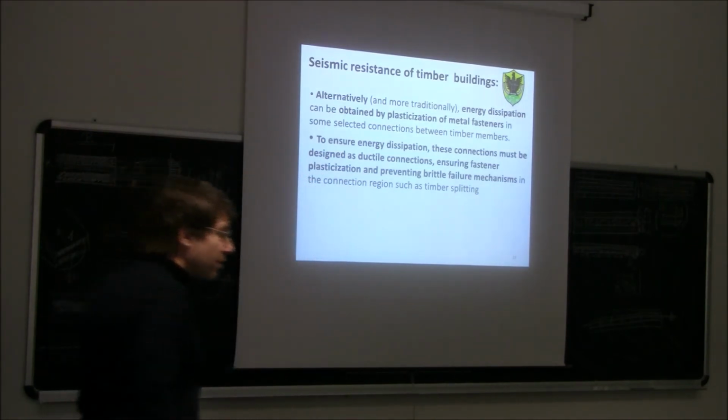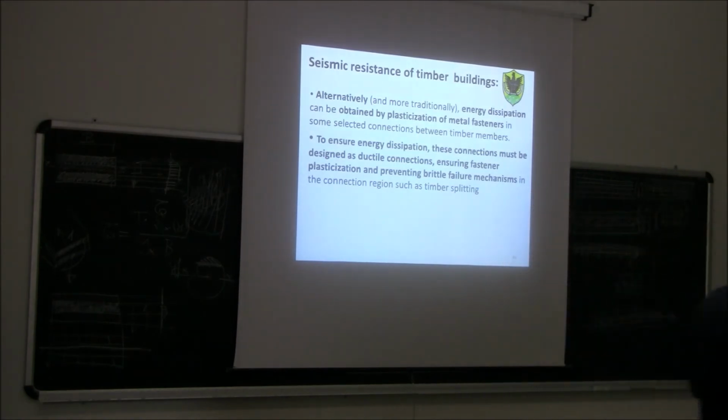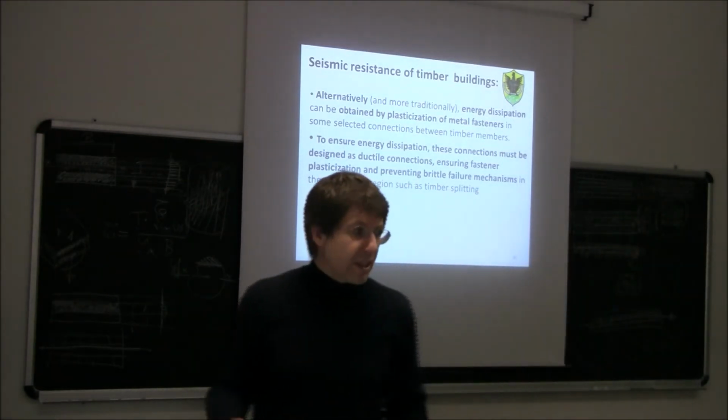Of course, this means that when I want to design my connection, I will have to be careful, because I will have to make sure that the failure type of my joint is characterized by plasticization of the metal fastener. If you remember, when we derived the Johansen equation, not all the failure modes are characterized by fastener plasticization.